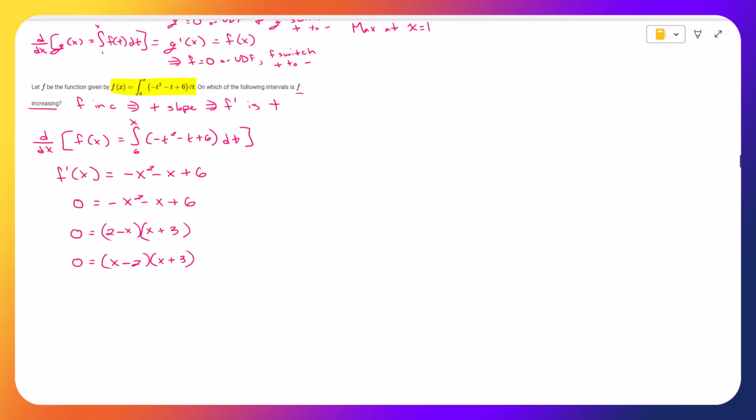Actually, I don't think I am correct, which I'm not really sure why it's not correct. It should work, but I'll just erase it, and I'll just work with what I have.